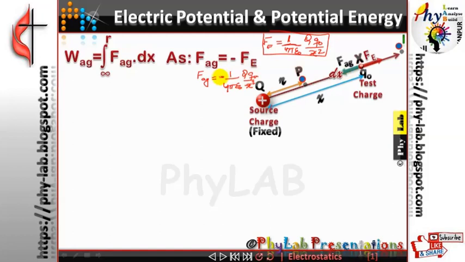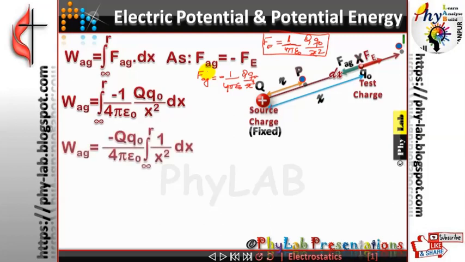Now substituting the same into this expression, the work done by the agent will eventually be minus 1 upon 4 pi epsilon naught Q naught upon x square into dx. Taking the constant out, minus Q naught upon 4 pi epsilon naught, 1 upon x square into dx, or can also be written as work done is equal to minus Q naught upon 4 pi epsilon naught, infinity to r, x to the power of minus 2 into dx.